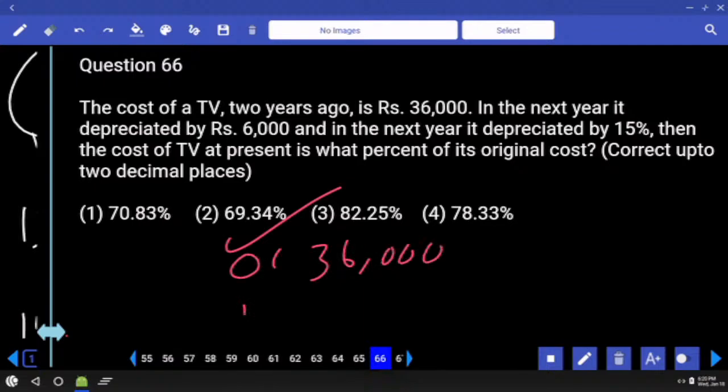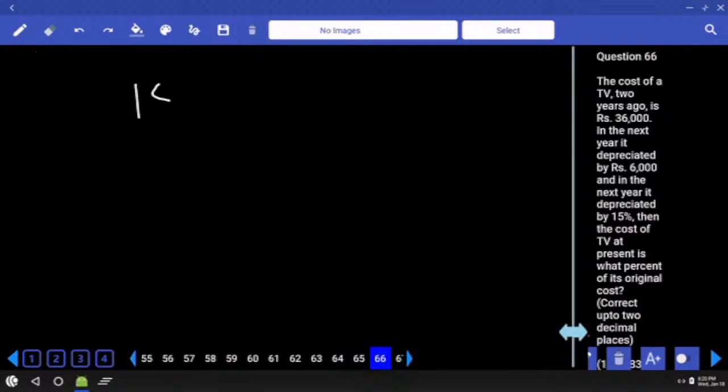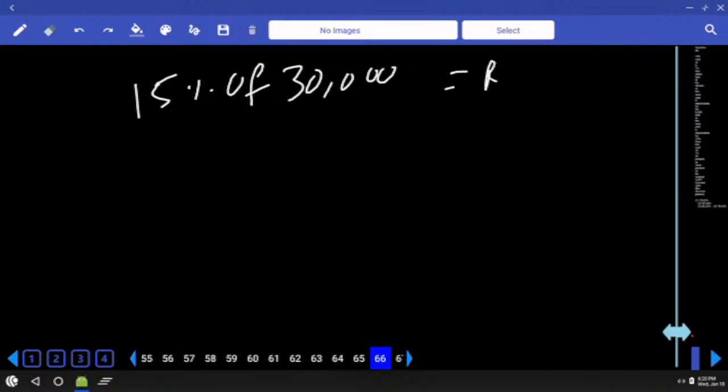Now, the original cost was how much? 36,000. In the first year there was a depreciation of 6,000, so how much did the price drop to? Now, in the second year, it further depreciated by 15%, that is 15% of 30,000, which equals what? Rupees 4,500.